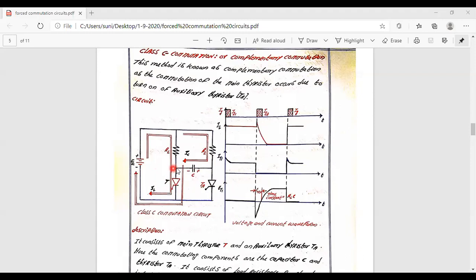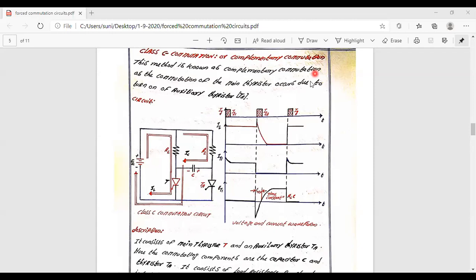The capacitor is going to be charged with a potential of positive and negative. The capacitor always has the tendency to discharge. But the discharge path is from this positive, through this switching device, to the negative terminal, isn't it? So until the thyristor is provided with a triggering pulse, the capacitor is going to be holding the charge.